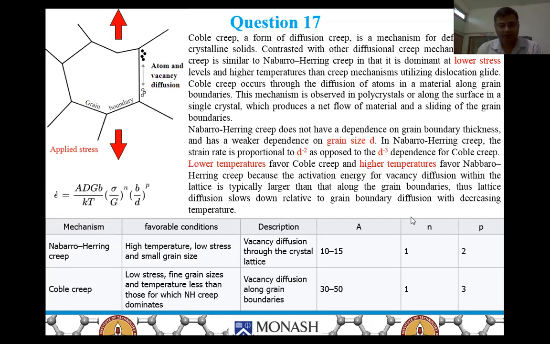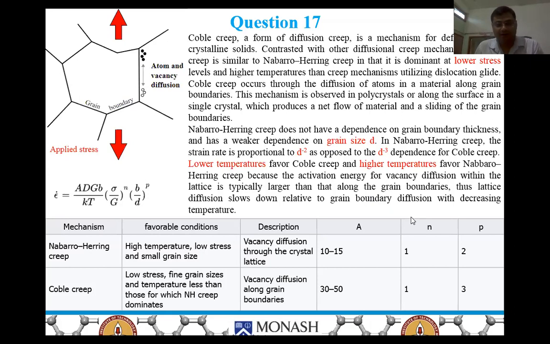Nabarro-Herring creep does not have a dependence on grain boundary thickness and has a weaker dependence on grain size. In Nabarro-Herring creep, the strain rate is proportional to 1 upon d square as opposed to 1 upon d cube dependence for Coble creep.